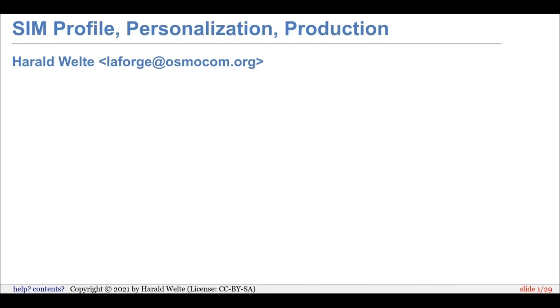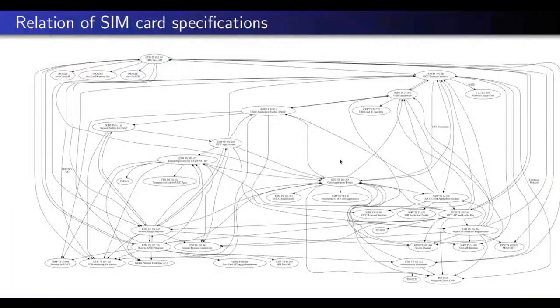Before we start with that, a very quick flashback to a talk I gave at, not at Osmo, at this last CCC Congress in 2019. I really like that slide because it's a dotty graph of all the different SIM card specifications and their references to each other.